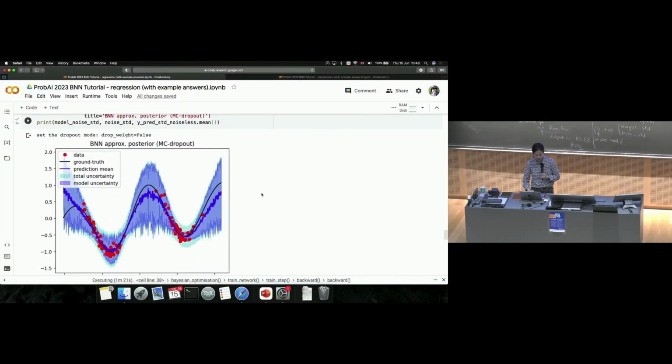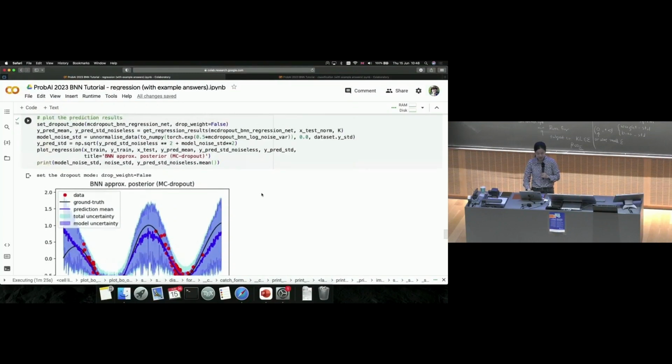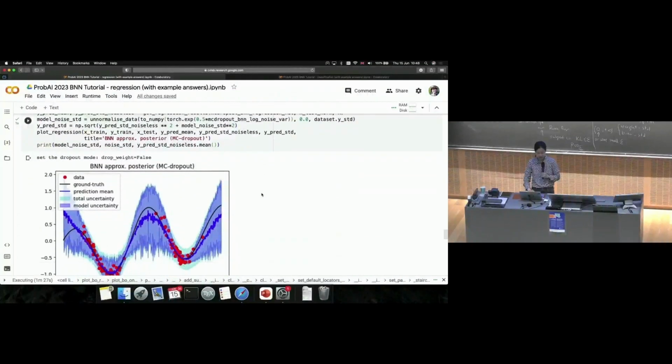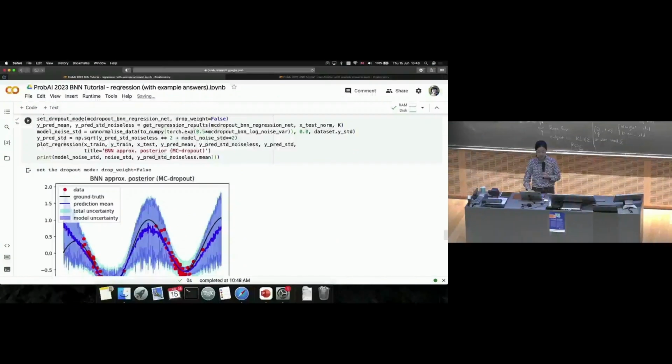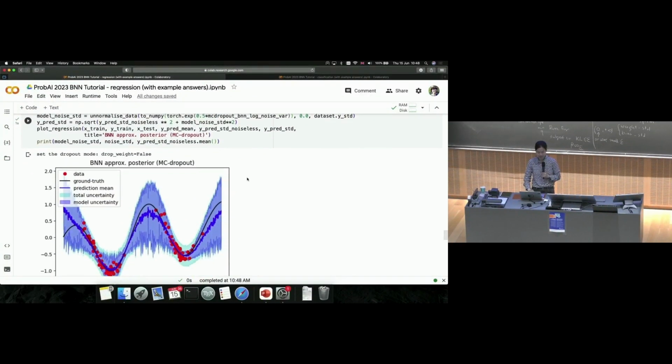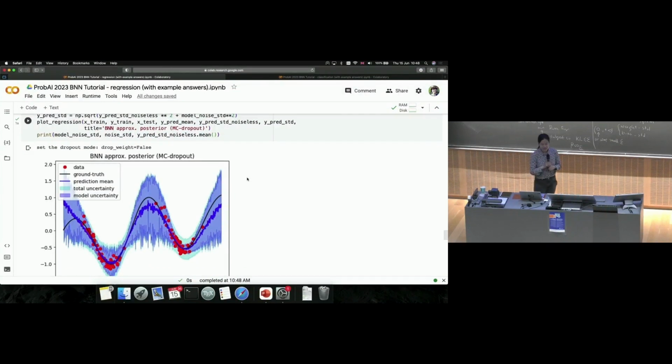I run this MC dropout during test time with the dropout weight mode set to false, and this is the result you get. First, you get maybe a nicer looking behavior of the uncertainty, going wider and then going narrower.